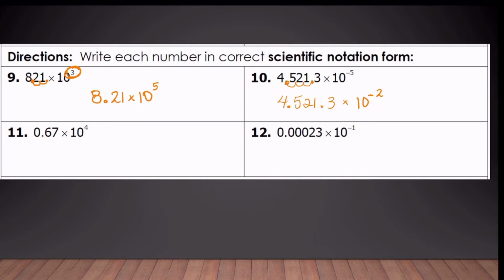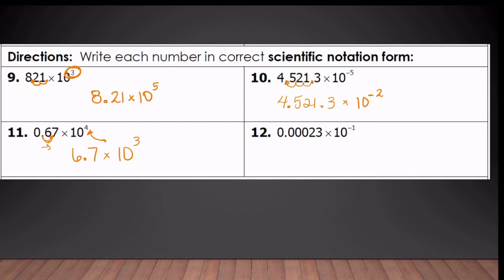Here this time I need to move back 1 because my number is a decimal. So this becomes 6.7, but since I moved my point to the right, I'm going to subtract 1 to get times 10 to the 3rd. I'm subtracting from what's already there.